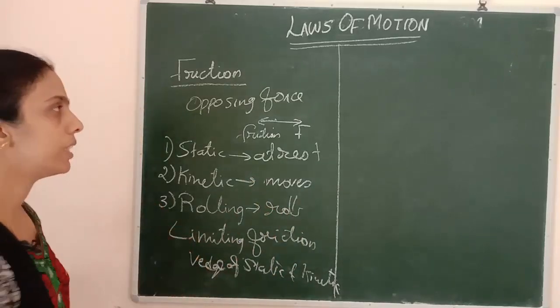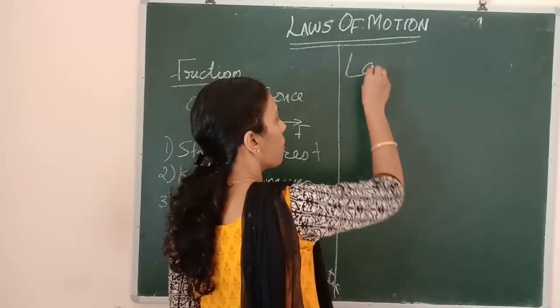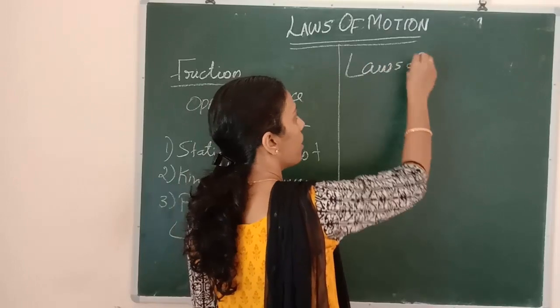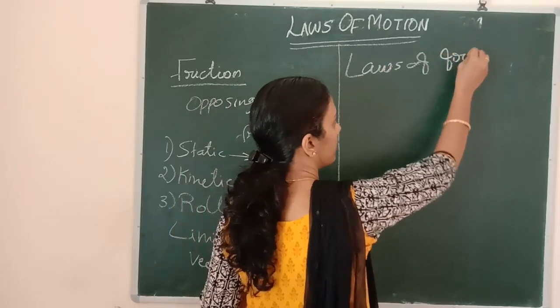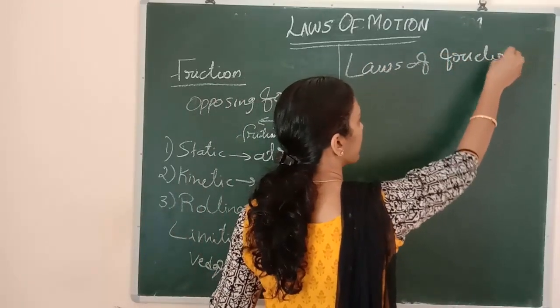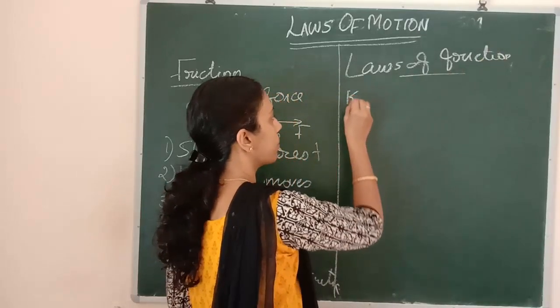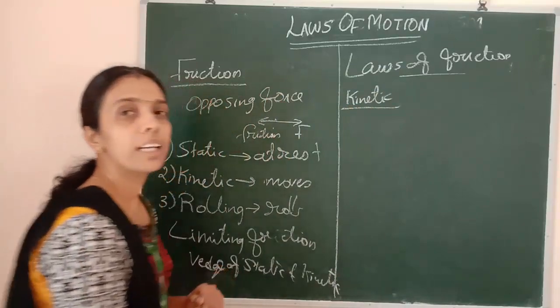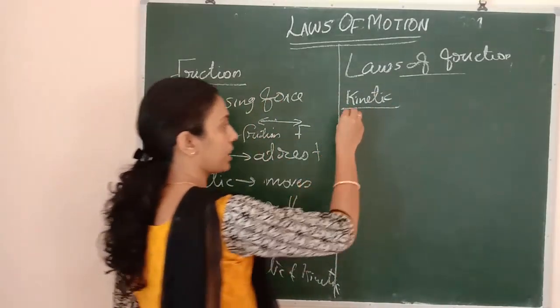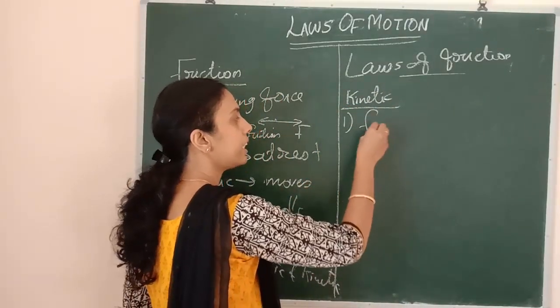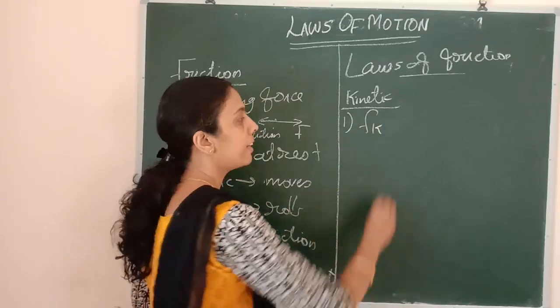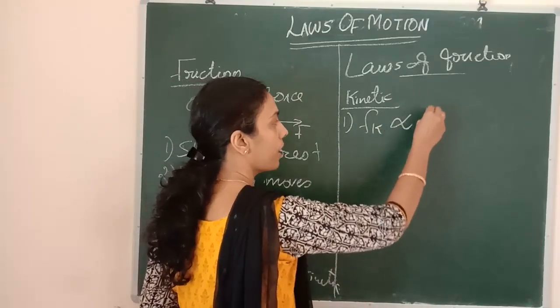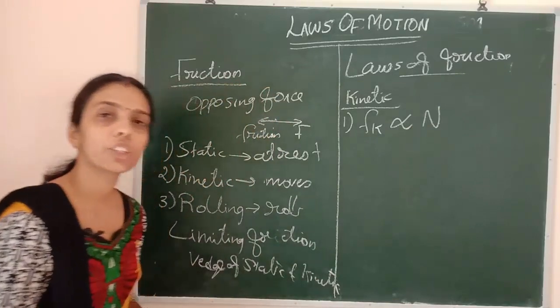Okay, next we are going to study the laws of friction. First we are going to study the laws of kinetic friction. The first one is that kinetic frictional force is directly proportional to the normal reaction force.